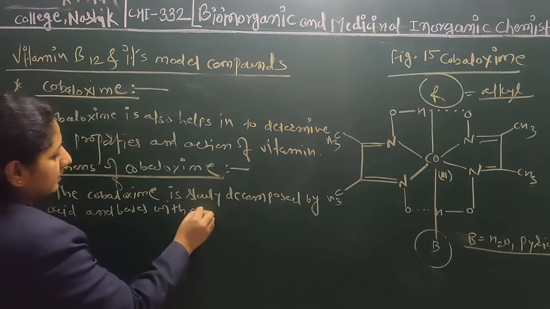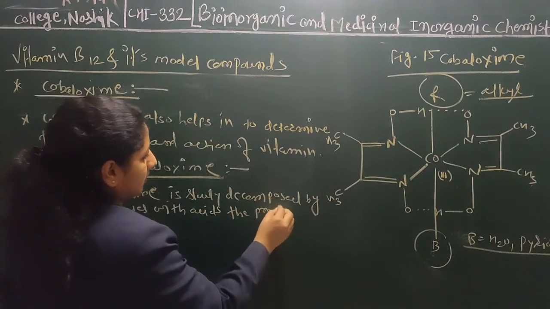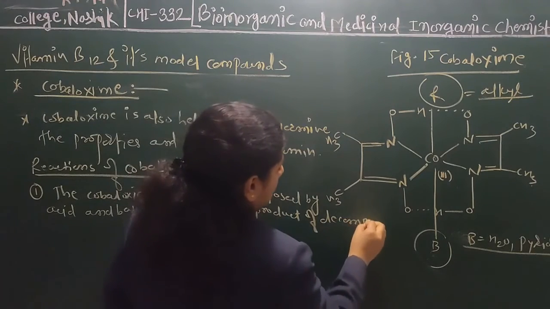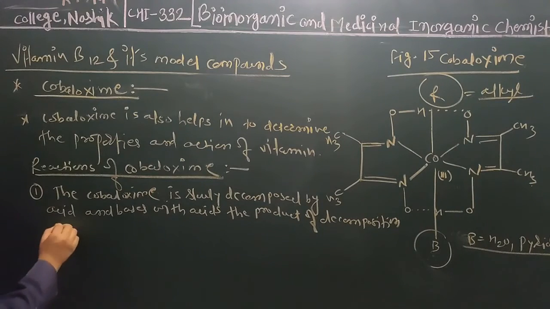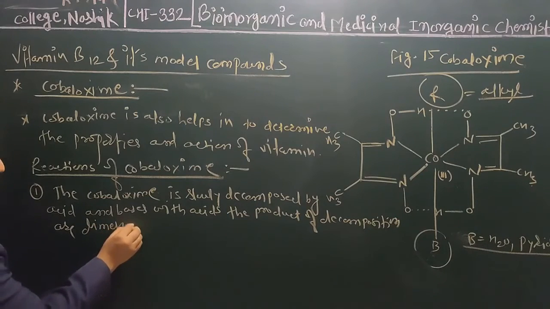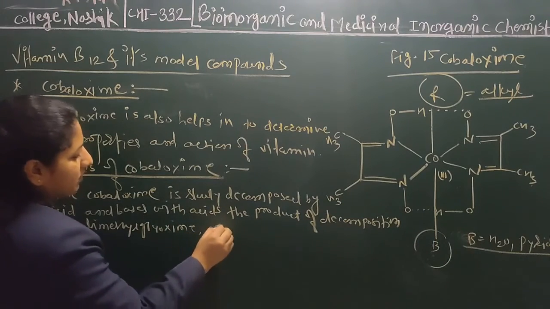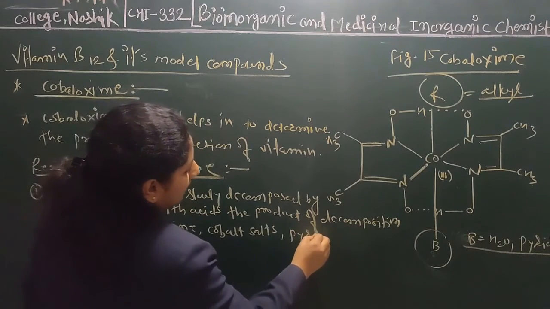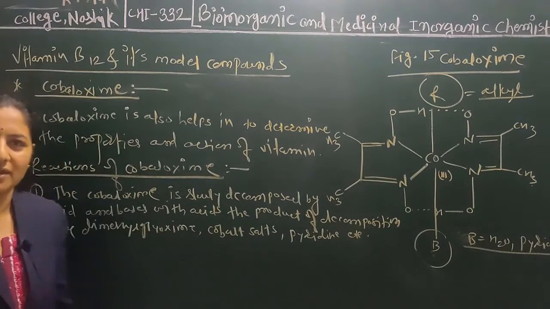The products of decomposition are dimethyl, cobalt salt, pyridine, etc. Actually, cobaloxime does not react with hydrogen gas.